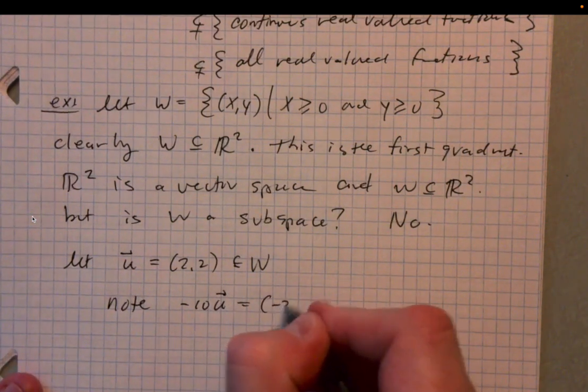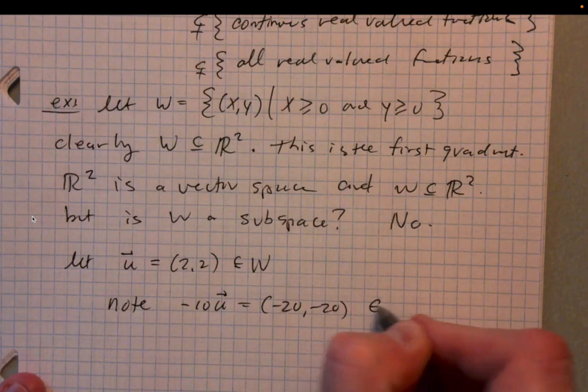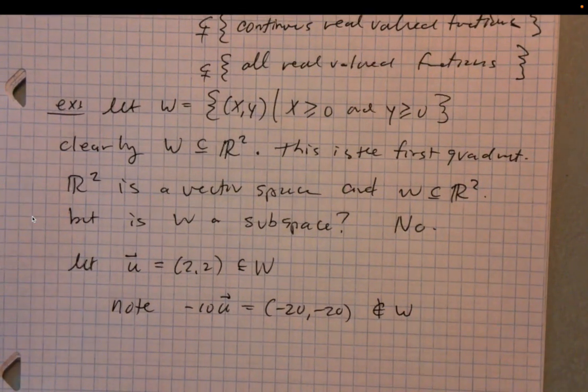Well, that's (-20, -20), which is not in W. That's enough to show that W, as defined, is not a subspace of R2. R2 is a vector space, and W is a subset of a vector space, but it's not a subspace because it is not closed, in this case, under scalar multiplication. Okay, perfect.